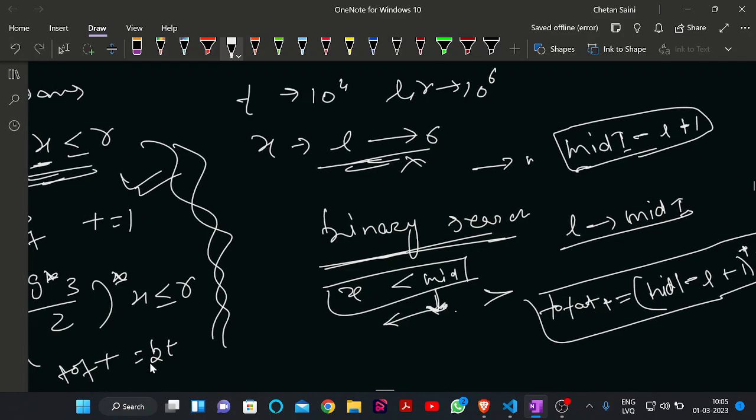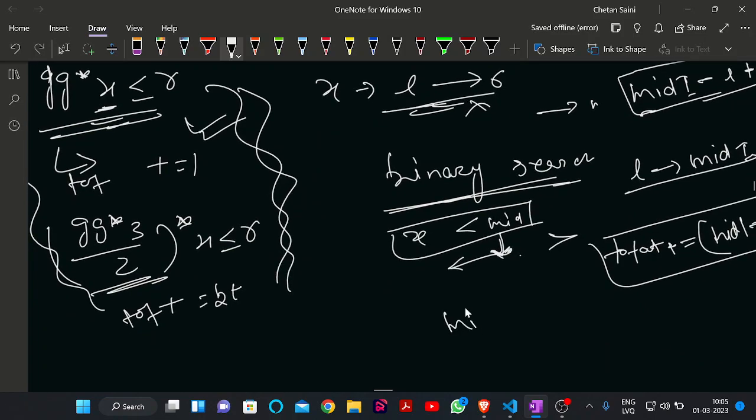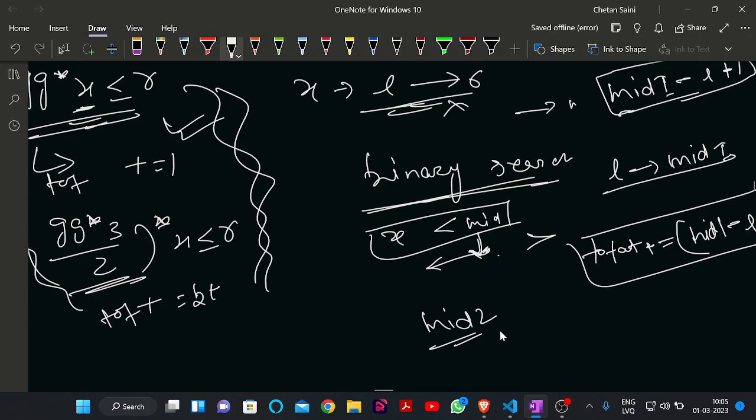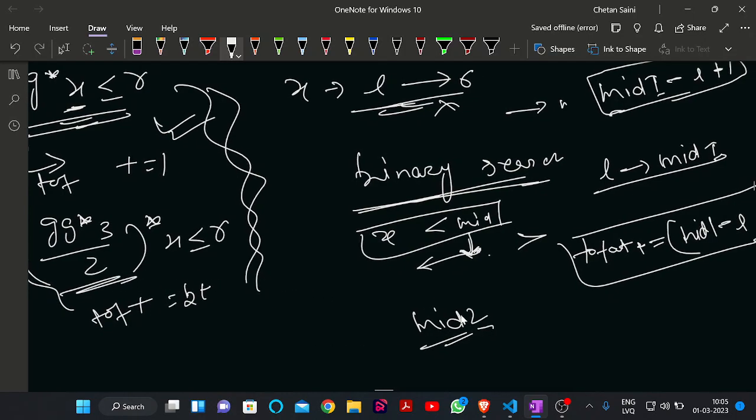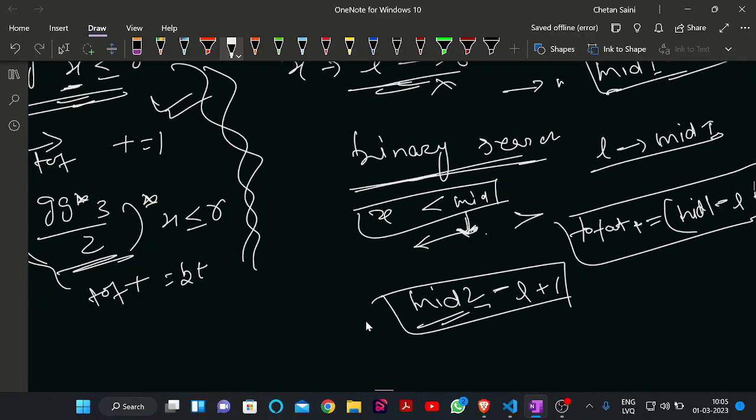And for checking this second condition, we again apply a binary search and check the maximum possible number which follows this condition, and this gives the total count of numbers following it.